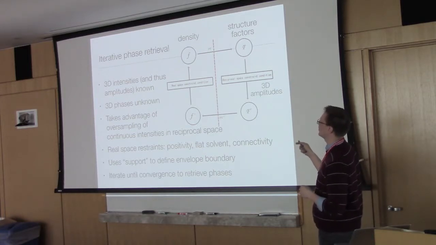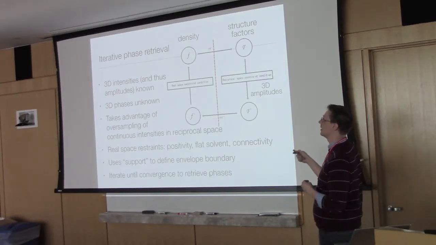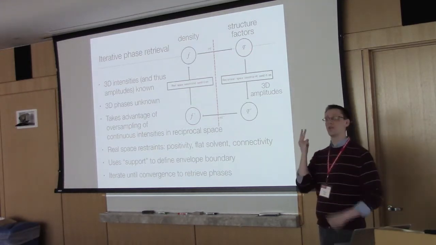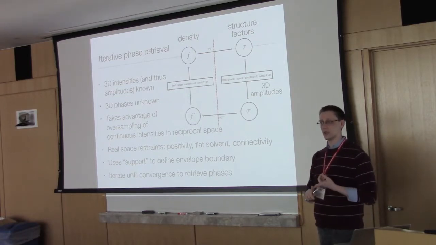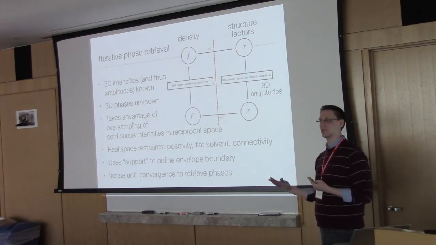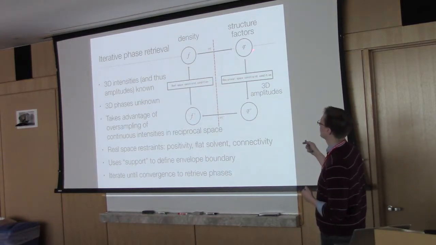And then you calculate a Fourier transform, and that gives you a set of structure factors. So this is now a complex function, whereas the density is a real function. So there's just one number at each point in real space, whereas in reciprocal space, there are two values at each point. There's the amplitude, and then there's the phase, which is the imaginary part of the complex function.